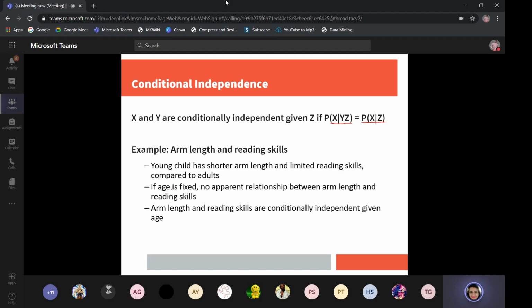But अगर आपने age fix कर दी, आपने age कर दी 20 के ऊपर, then arm length will be fixed and reading skills will be different for different people. That means that these attributes are independent. So given some condition, these two attributes are going to be conditionally independent.